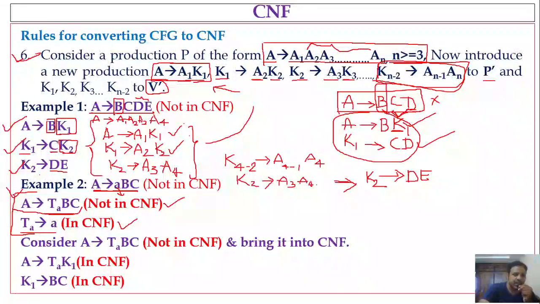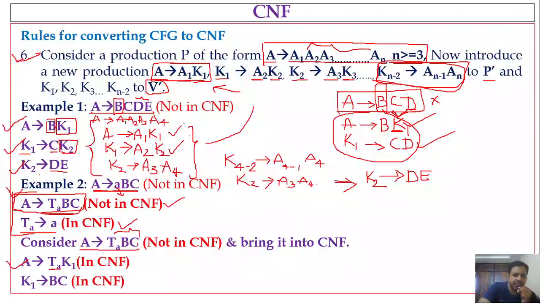Now take the production which is not in CNF. A denotes T base A B C, so not in CNF, as we have three variables. So we apply rule 6 here to bring it into CNF, the same thing which we discussed now. To write A denotes the first variable, you can directly write TA.